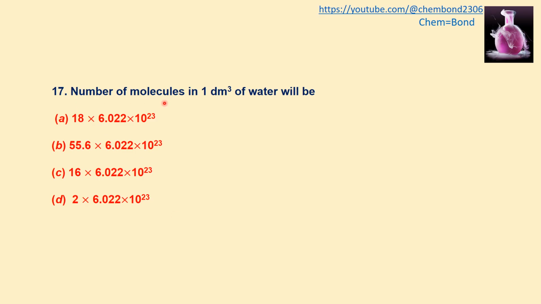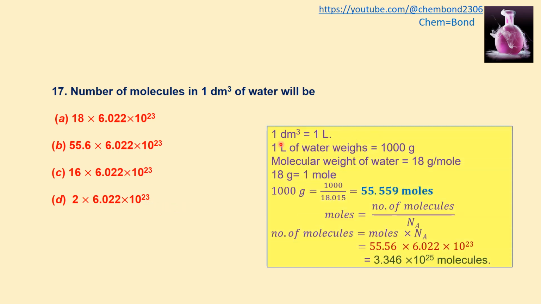The number of molecules in 1 dm cube of water will be, there are 4 options given. So we will solve it. 1 dm cube is equal to 1 liter, and 1 liter of water weighs 1000 grams. The molecular weight of water is 18 grams per mole. So 18 grams is equal to 1 mole. So 1000 grams will be equal to 55.559 moles.